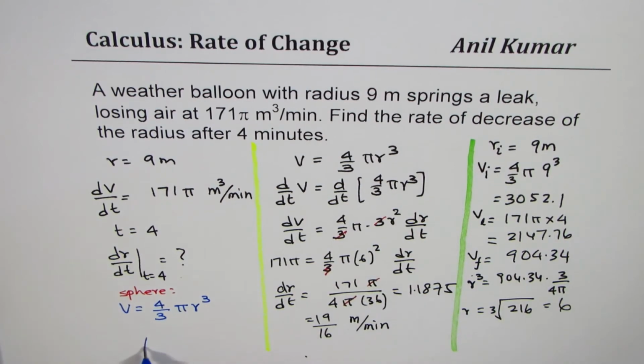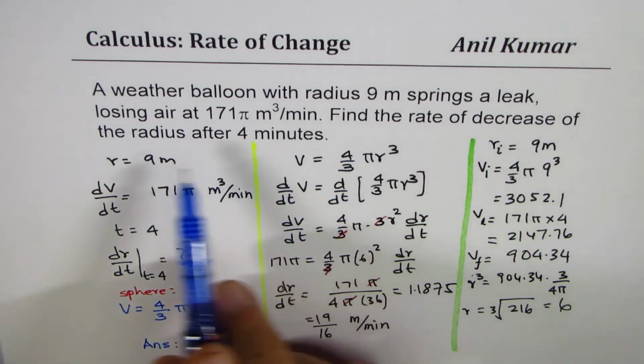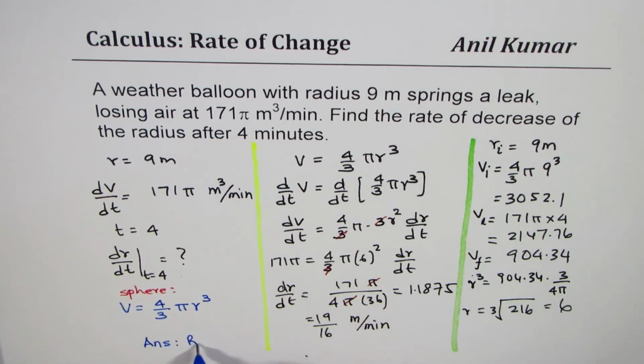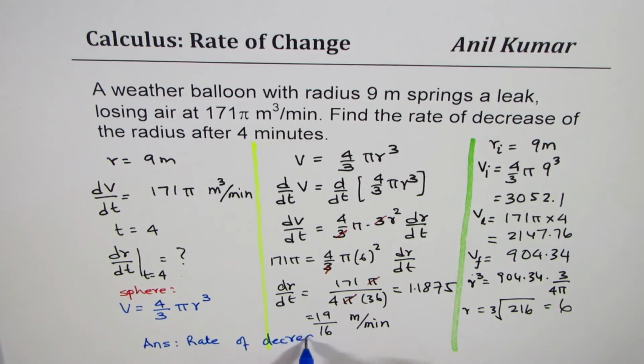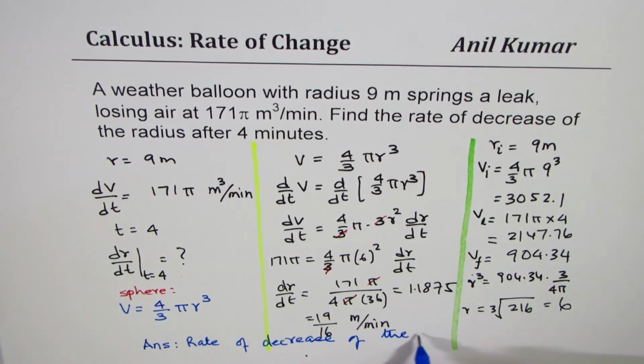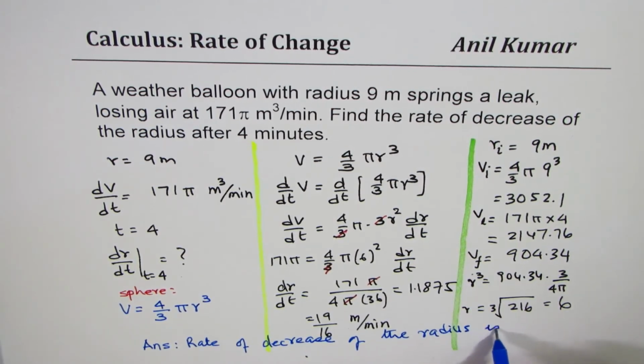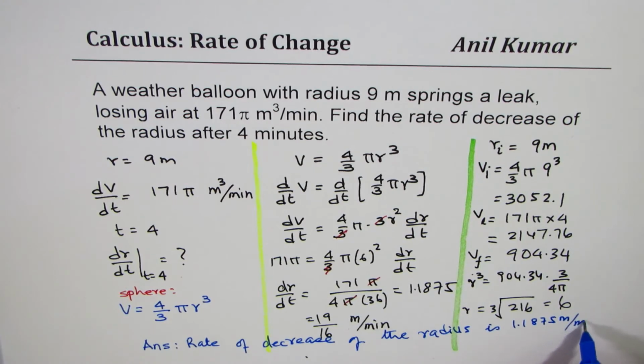So the answer has to be: the rate of decrease of the radius is 1.1875 meters per minute, right?